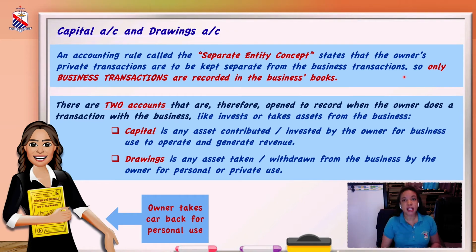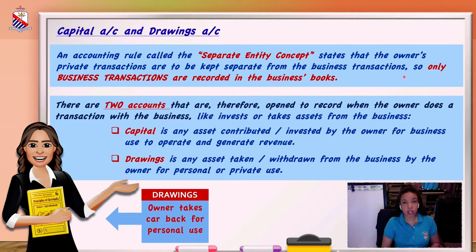So that is a decrease in the capital, which we call drawings. So you see how it's a decrease in capital. Capital is an increase in capital because you put in. Drawings would be a decrease in capital because you've taken the asset out of the business. Totally out of the business.